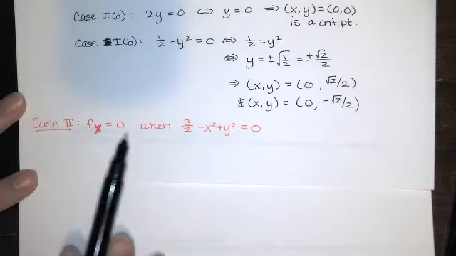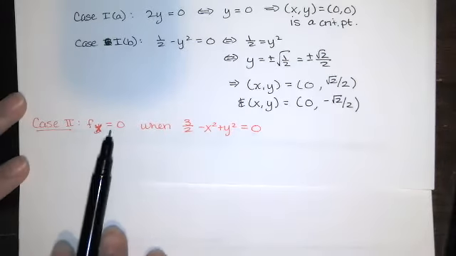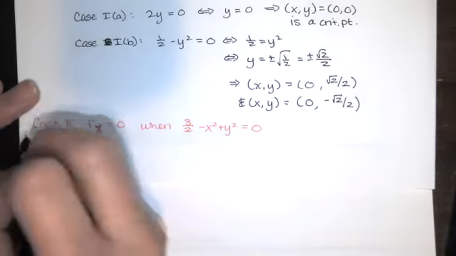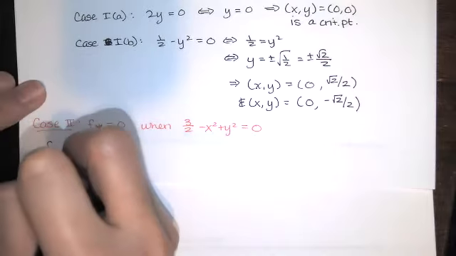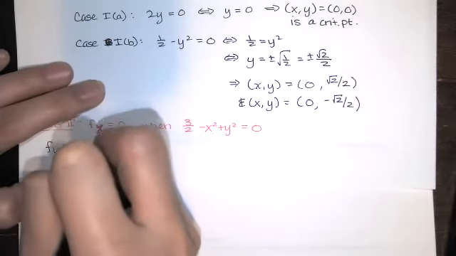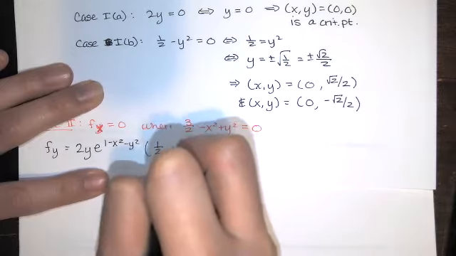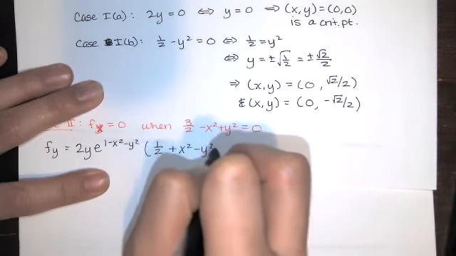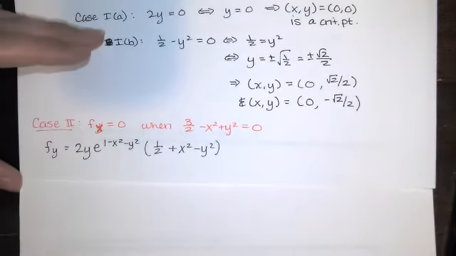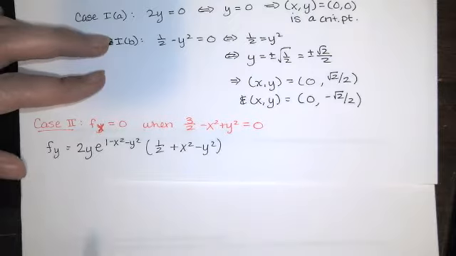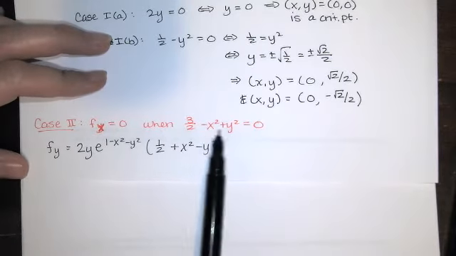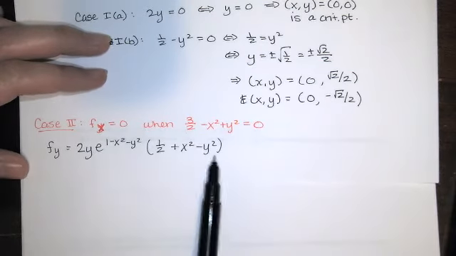So in this case, our partial of f with respect to x is 0 when this is 0, and we still have the partial of f with respect to y is equal to this. Now this seems pretty difficult, but it's actually not too bad. You might say, I can't just substitute that in here somehow, can I?